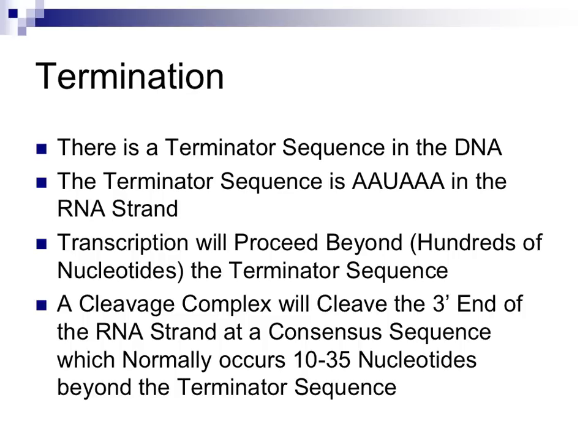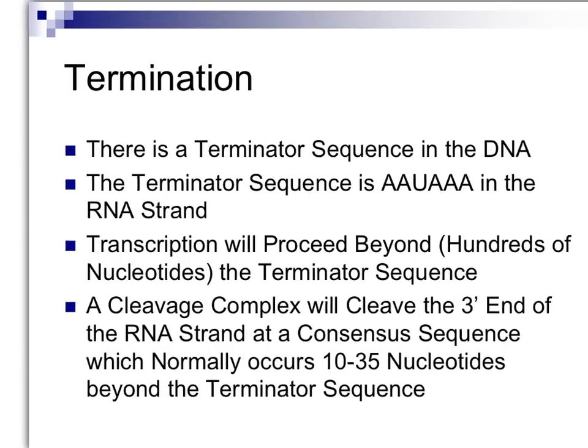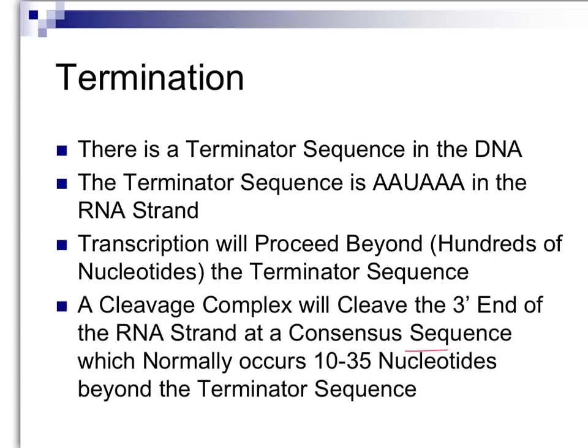Okay. Then right behind the RNA polymerase will be a cleavage complex. It is made up of proteins, and it follows behind the RNA polymerase. Once the cleavage complex gets past the terminator sequence, it will find another consensus sequence, a different sequence beyond the terminator sequence.